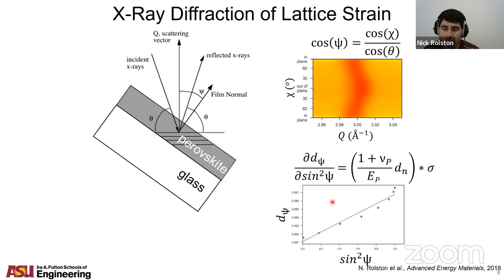And there's actually a linear relationship between the d spacing and the sine squared of this angle psi. And so this shows our linear relationship, where when you measure the slope, you're actually able to back out this lattice spacing.